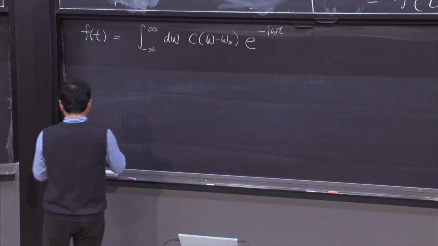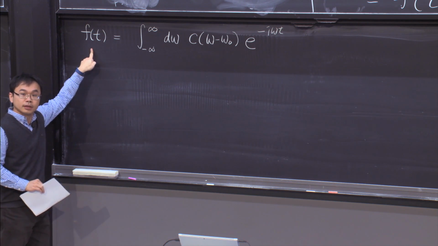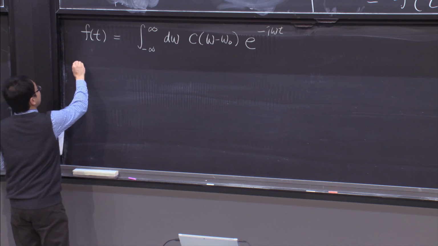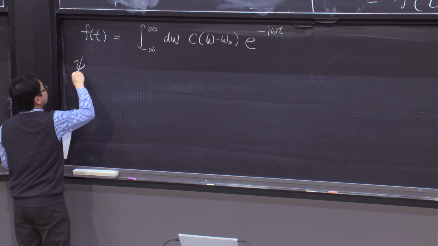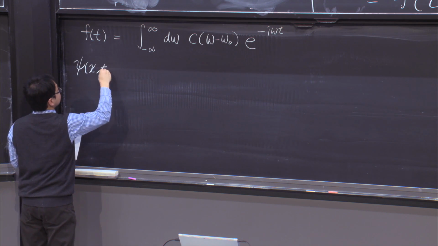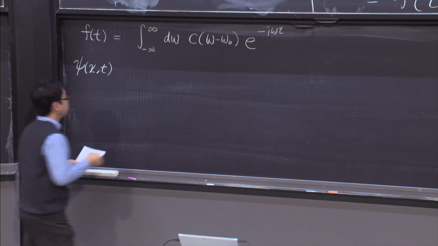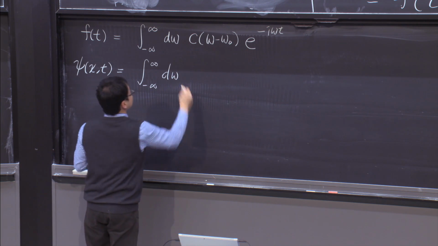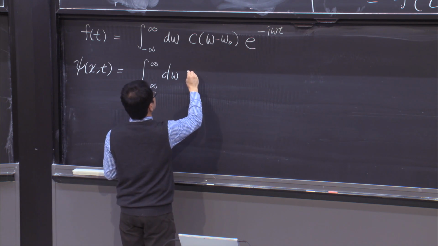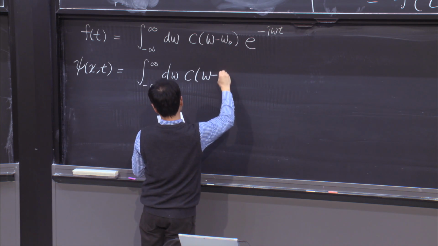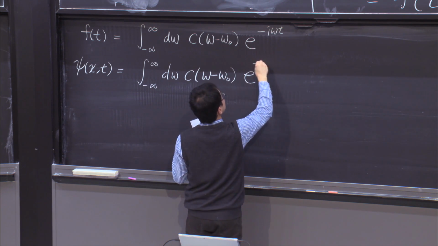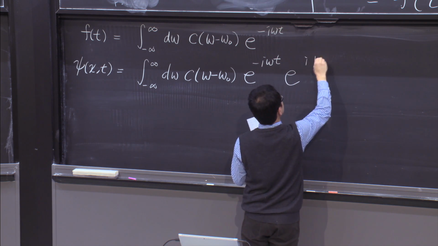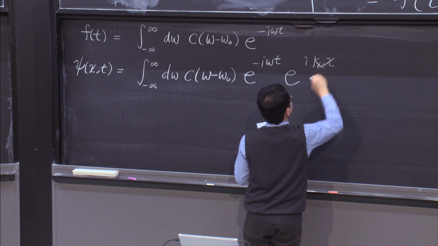Now I can take this function and propagate that to all x. In other words, I can take this f(t) and write down psi as a function of x and t. That means all the different components are traveling at different speeds. So I can write it down as d omega, c(omega minus omega 0), exponential of minus i omega t, exponential of i k x, where k is a function of omega.